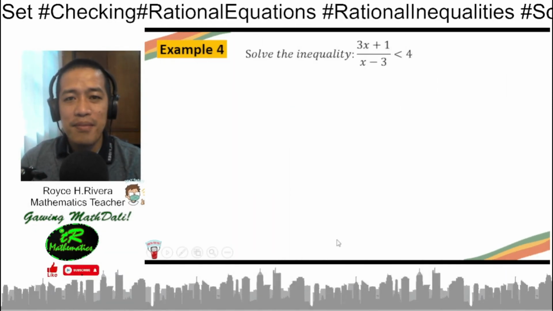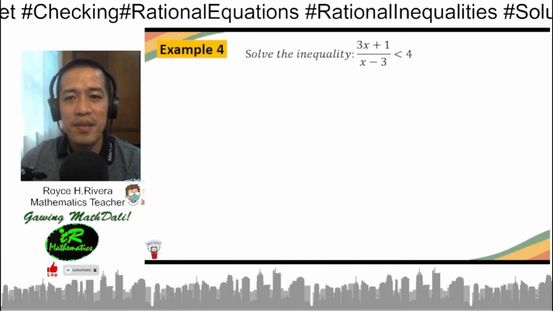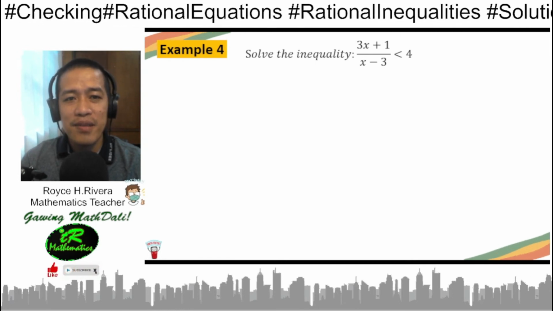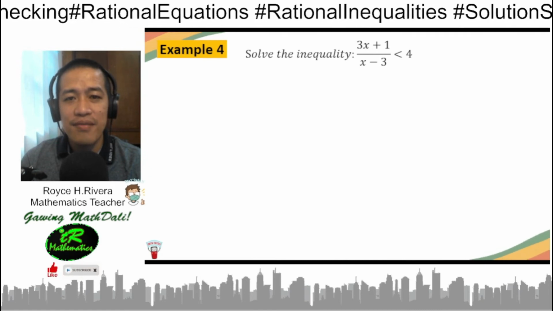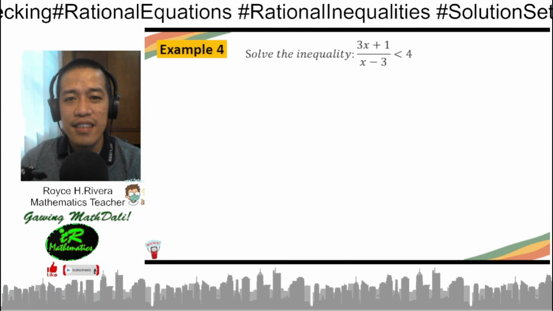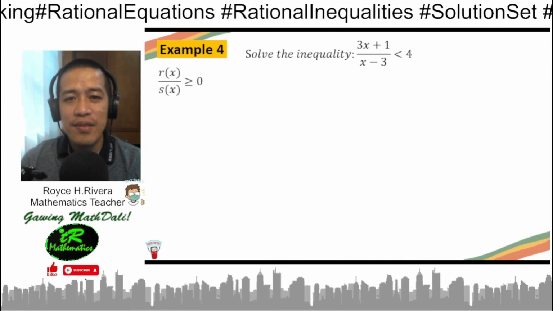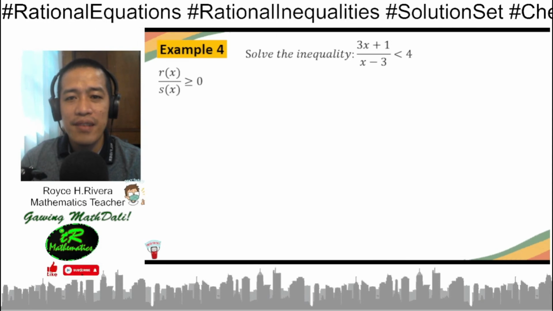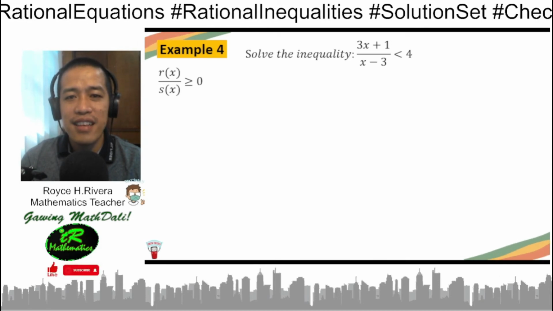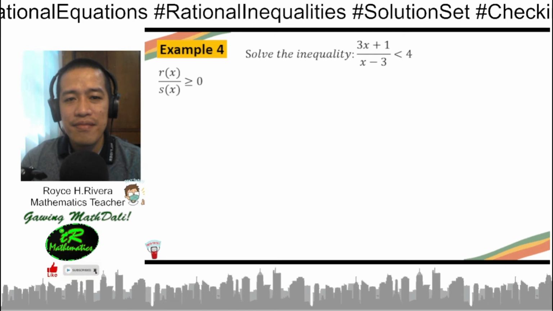Let's do example 4. Let us solve the inequality 3x plus 1 all over x minus 3 less than 4. We need to write the inequality in the form r of x over s of x greater than or equal to 0.